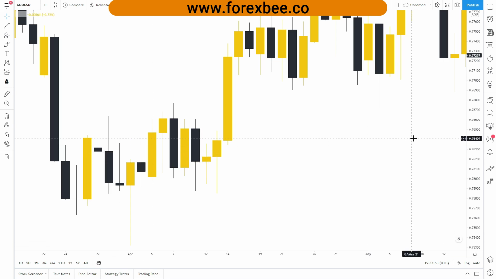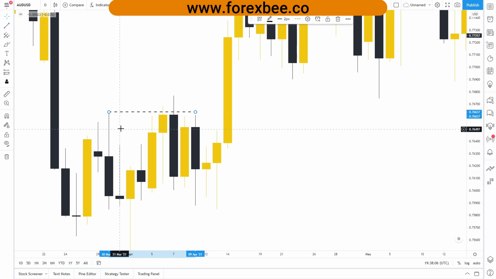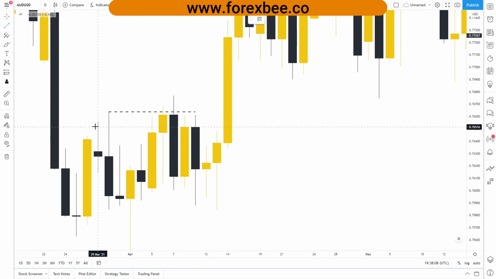What we'll need to do is draw a horizontal line at the high of this candle, and we will also need to draw a horizontal line at the high of our candle which is being engulfed. So let me draw that, and there it goes.